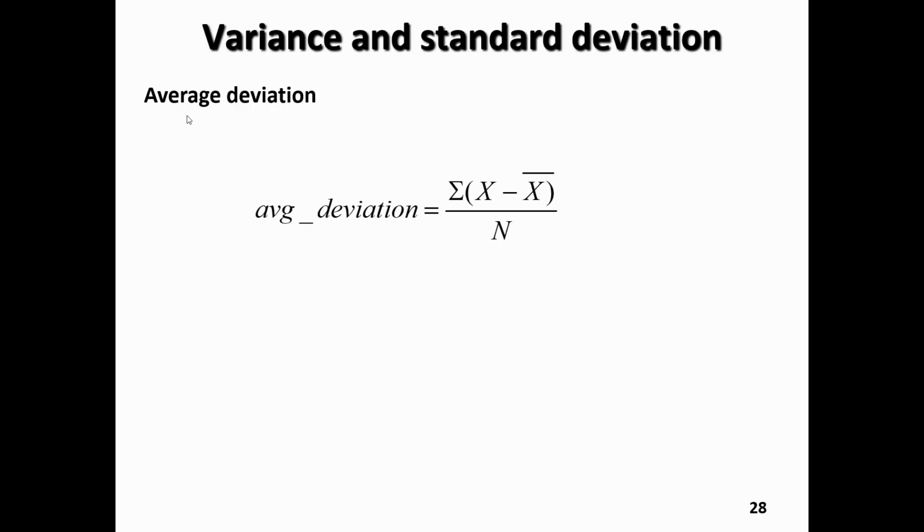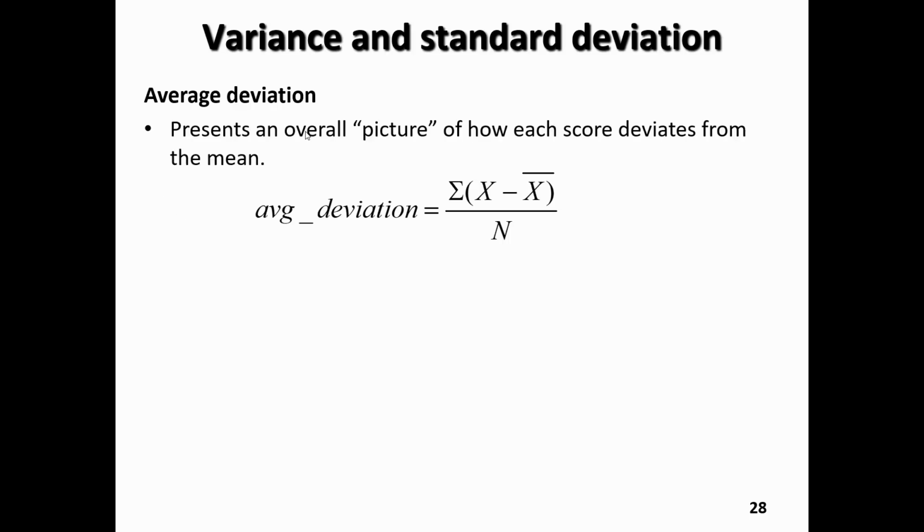The concept of an average deviation works us towards the variance and standard deviation scores that we'll eventually calculate here. An average deviation presents an overall picture of how each score deviates from the mean.